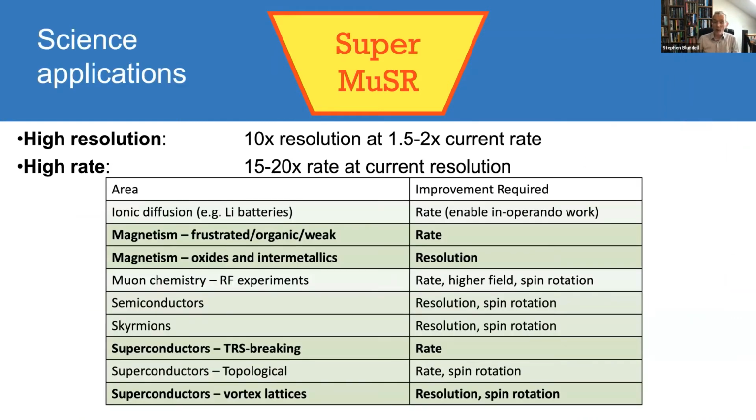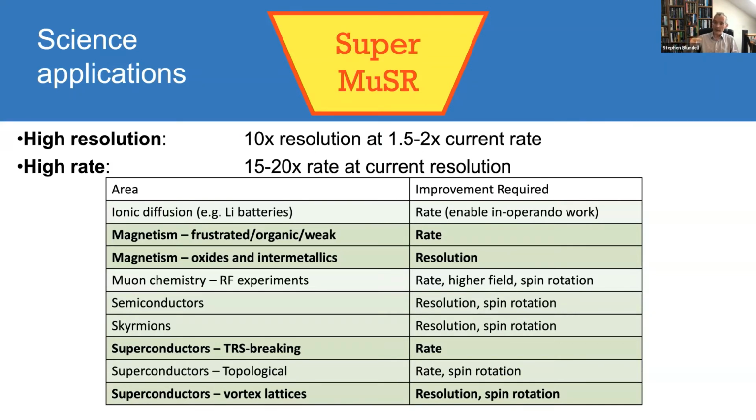Now, I talked about one science example, which is one I'm particularly interested in, looking at the decoherence effects in fluoride networks and characterizing these sites. But there's a whole lot of new things that will lead to new results in terms of a whole range of different science areas. So this is a table, I haven't got time to go through it all, but basically showing you that in different areas, either this possibility of the high rate or the high resolution or some combination, or indeed the possibility to manipulate the spin direction.